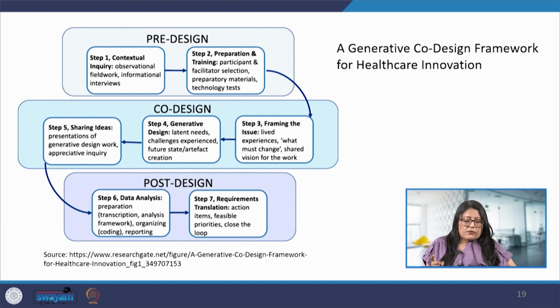The second is preparation and training. Depending on what kind of innovation we are coming up with, the participant selection, whatever material we may require, and any technology that we may be trying to apply, applied science or any other field.